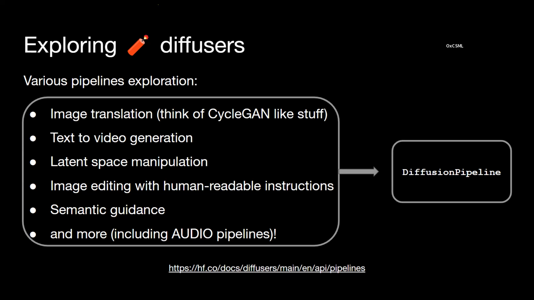And that's because we want to promote a consistent and unified API design, so that if you have learned about the usage of a particular pipeline, you can basically extend that learning process to other pipelines. Like, for example, some common APIs will never change. If you wanted to take advantage of an efficient implementation of attention, you can basically call enable efficient attention mechanism, and it will just work right off the bat. So yeah.